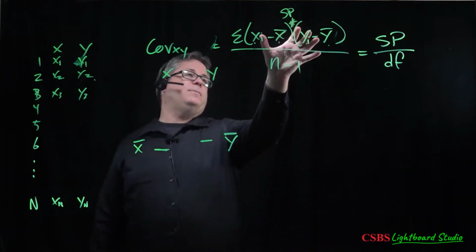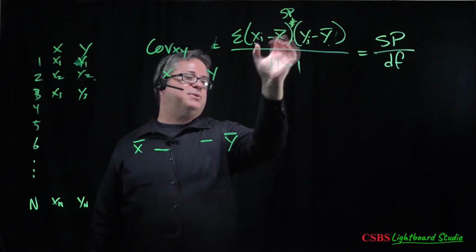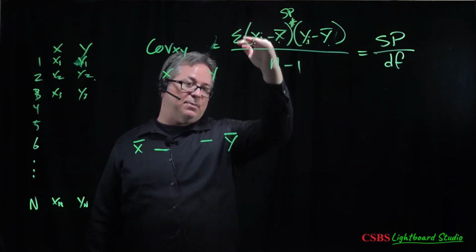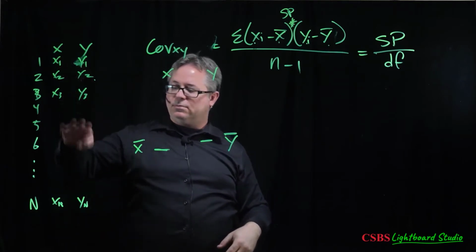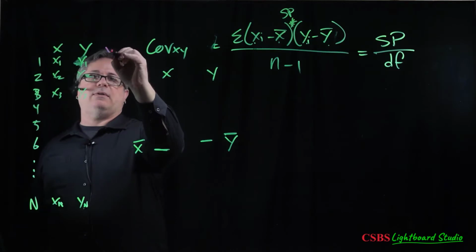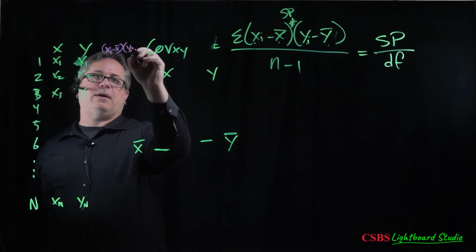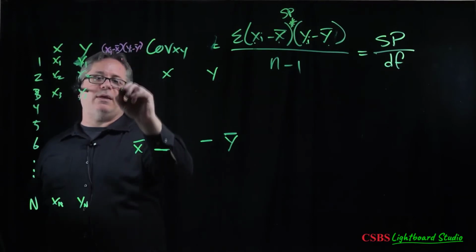For person 1, you do it for person 1, and then person 2, person 3, 4, 5, 6, 7, and sum across all the people. All right, so you essentially would have, for everybody, an xi minus x bar times yi minus y bar, all the way down for every single person.